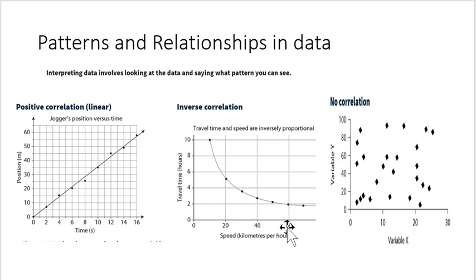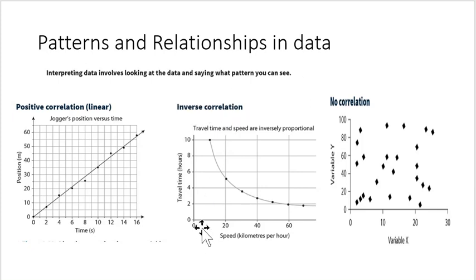Now, if we increase that to 60 kilometers per hour, the time that we spend traveling is going to dramatically reduce down to 2 hours. So again, the faster you can travel, the less time you're going to spend traveling a particular distance. This is what's known as an inverse correlation.